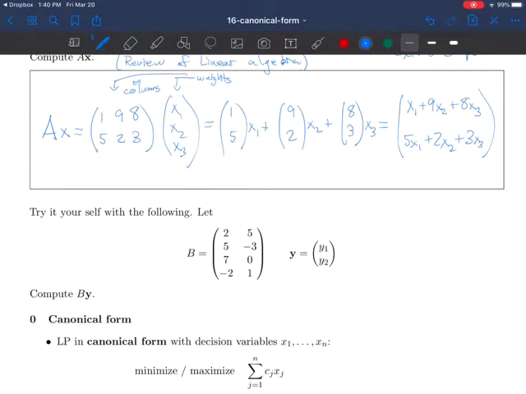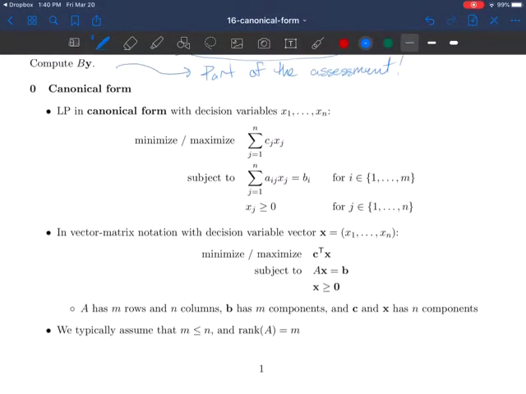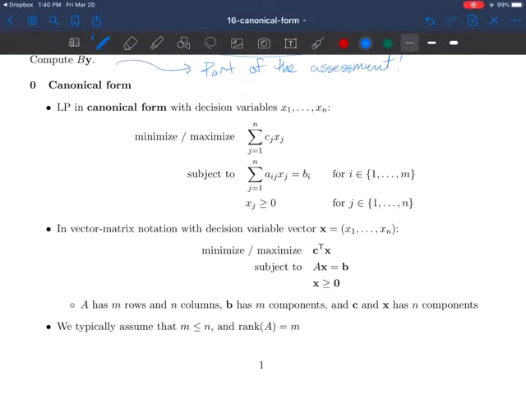So you should try it yourself with the following. And of course, this is going to be part of the assessment for this lecture. I'm going to go to the end of this page and talk about what our canonical form is going to be like, and then I'm going to stop the video and let you think about it.